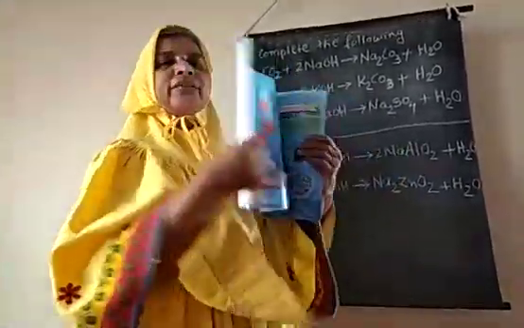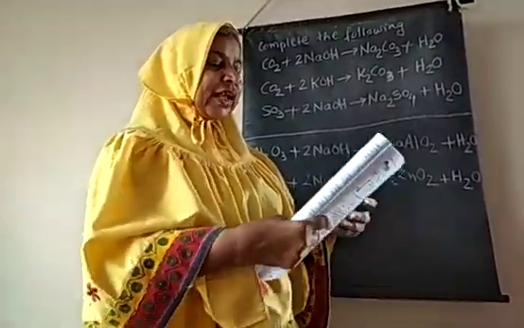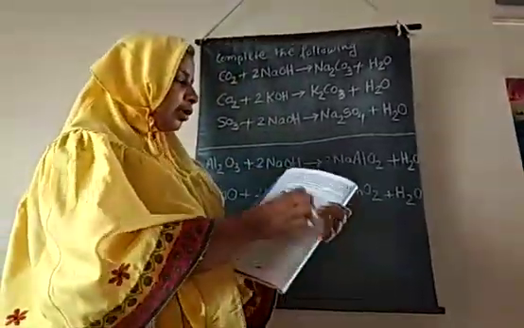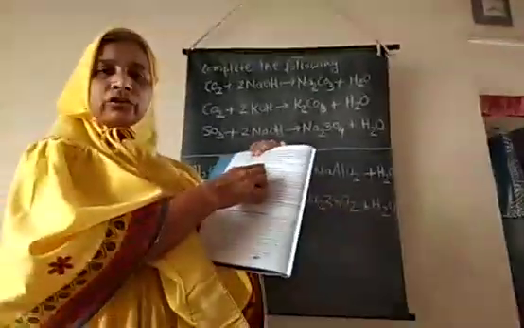Now on the next page, this reaction is given. The lime water formula is Ca(OH)2, the chemical name is calcium hydroxide.